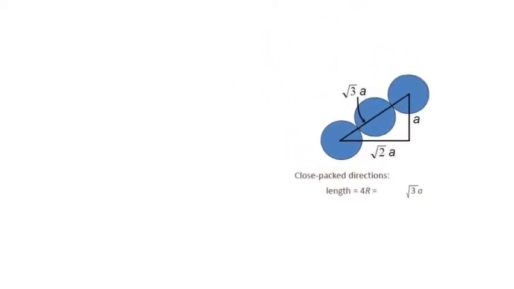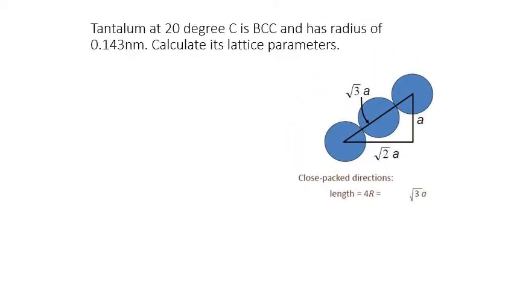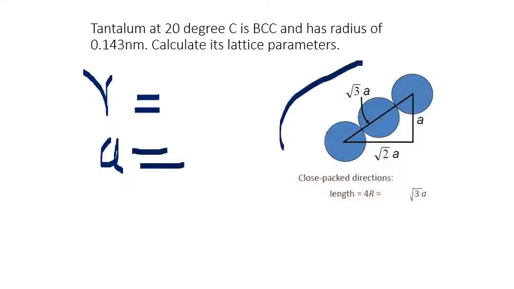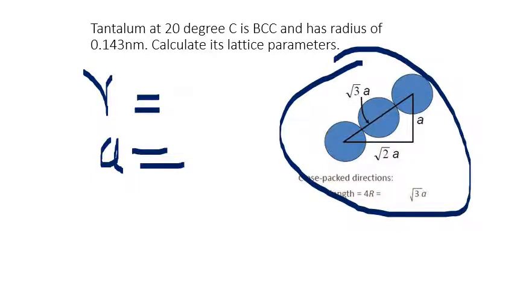Moving on, we'll take up one more problem. Here tantalum at 20 degrees Celsius is BCC and has a radius of 0.143 nanometer. Calculate the lattice parameter. Here they have given R, and we need to find A. Clearly we can see the BCC structure.